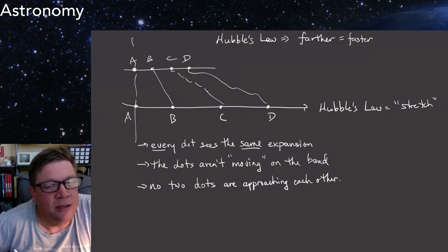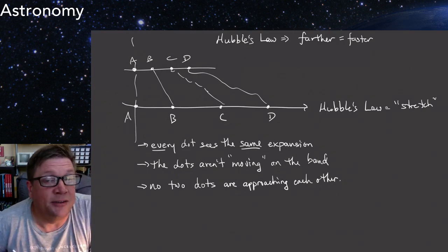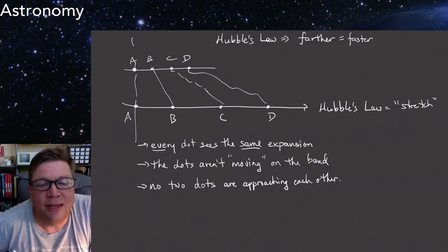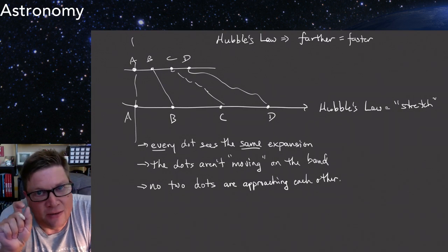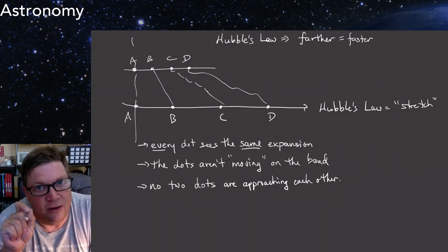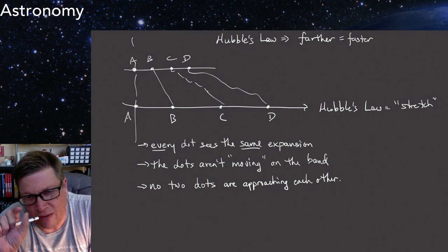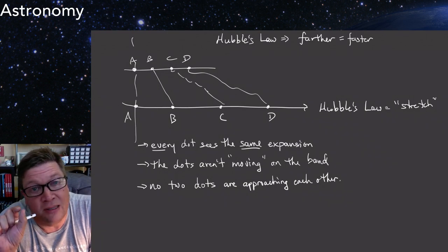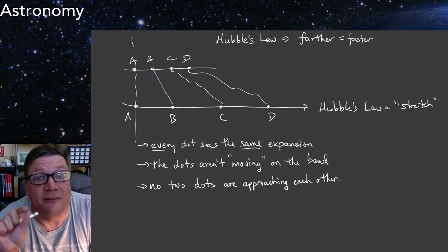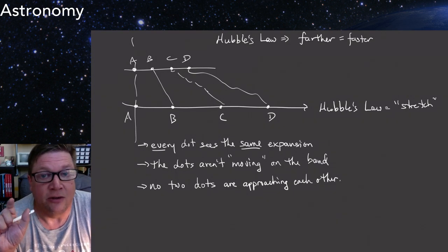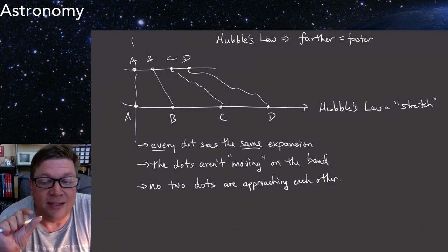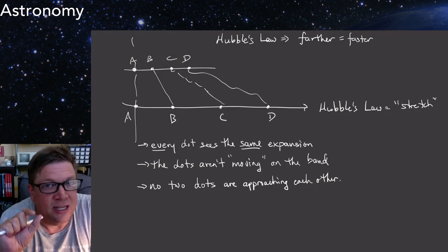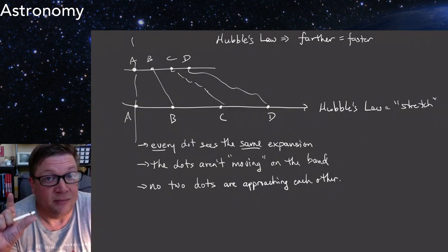You might say, wait a minute, what about the Andromeda Galaxy? What about in our local group? Well, that would be like two ants that are initially really, really close together, and when you stretch the rubber band, they would separate from each other a little bit, but their little motions are faster than the speed with which they're carried along by the rubber band. So all I'm saying is, if galaxies are really close to each other, like in local groups and clusters, their motions inside the clusters could overwhelm the expansion of space.